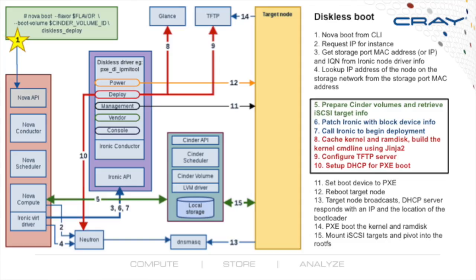This is a technical explanation of the flow of how this works throughout the various OpenStack services for a diskless boot. The whole thing starts when you invoke Nova boot from the Nova command line, and you specify a Cinder volume as part of that command line argument.